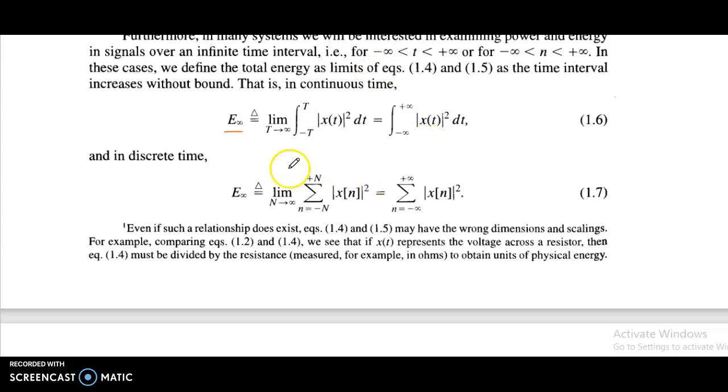And in discrete time it is available as E infinity, by definition, the limit as N tends to infinity of the summation over n from minus N to plus N of the magnitude of x of n squared, which equals the summation over n from minus infinity to plus infinity of the magnitude of x of n squared.